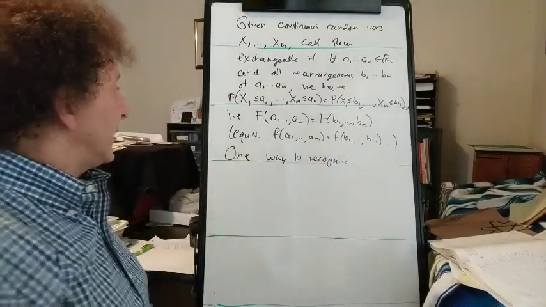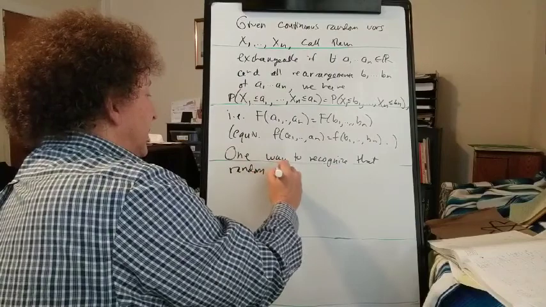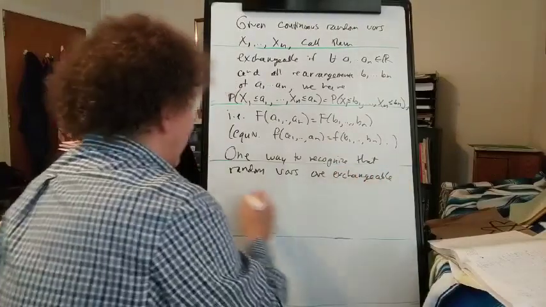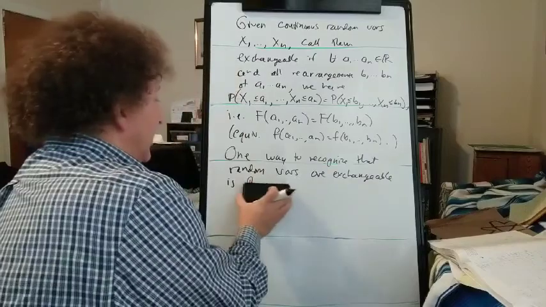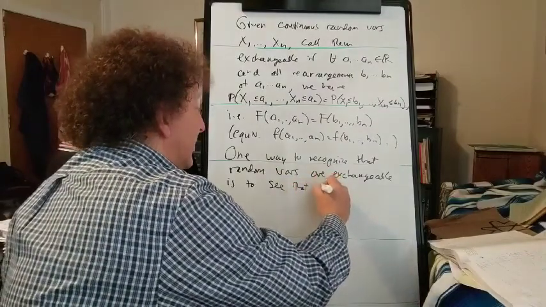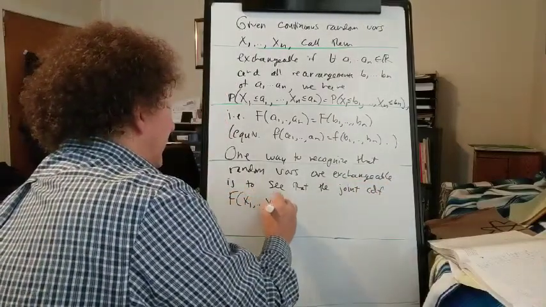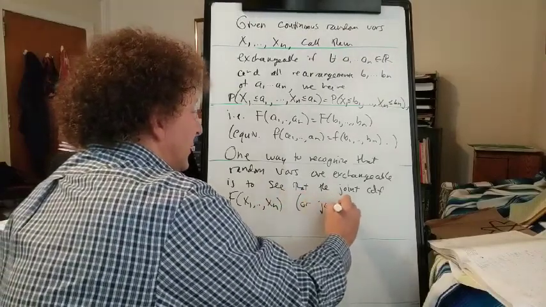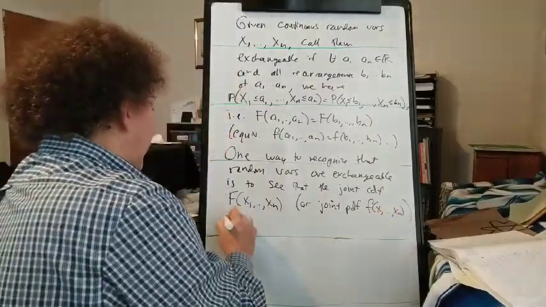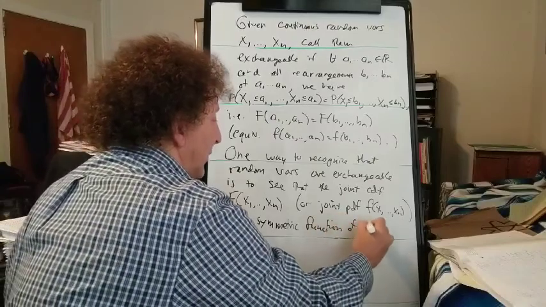So one way of recognizing that continuous random variables are exchangeable is to see that the joint cumulative distribution function F of x1 through xn, or the joint probability density function little f of x1 through xn, is a symmetric function of x1 through xn.